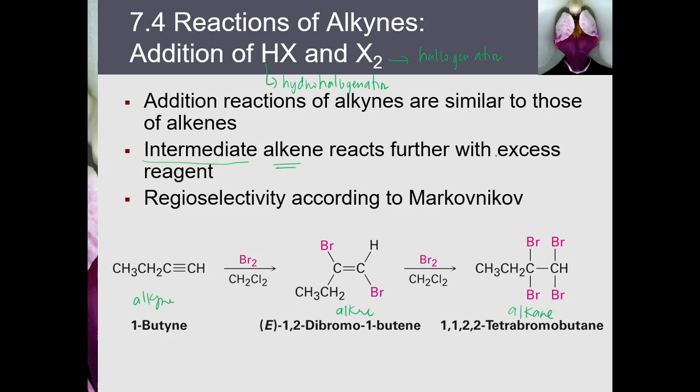Ano nga yung sinasabi ni Markovnikov? Kapag meron kang H, ang rule niya dito, kung sino yung carbon with less hydrogen, doon mag-a-attach yung hydrogen mo. At kung sino yung mas madami yung hydrogen, doon mag-a-attach yung isa pang portion ng iyong reagent mo.